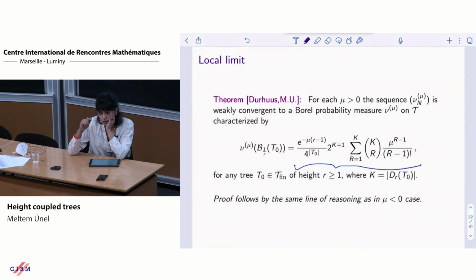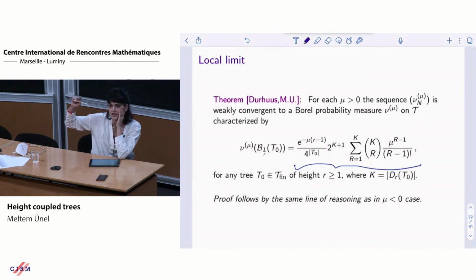In the case mu smaller than 0, we had a k factor at the beginning, which told us to choose one branch, one top vertex to graft the infinite tree on top.